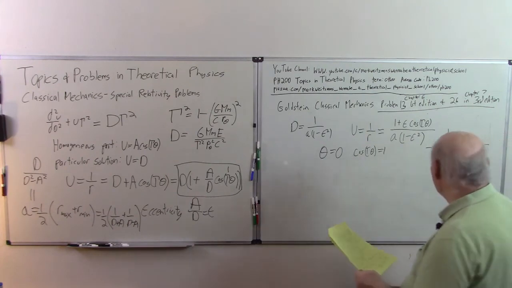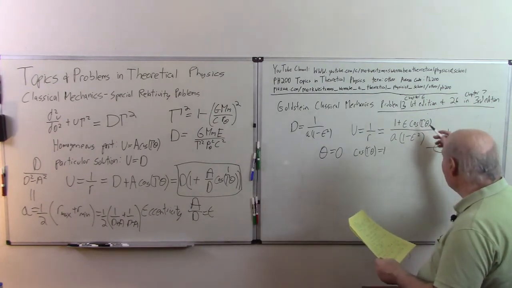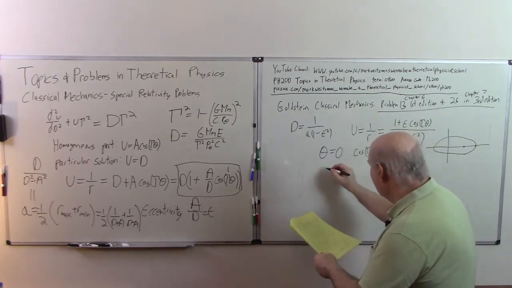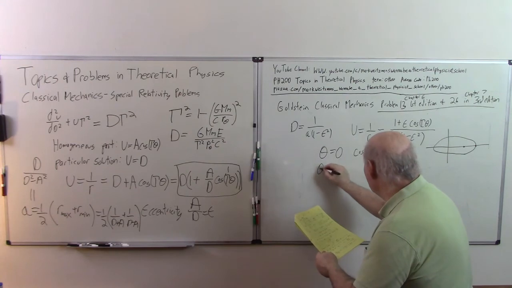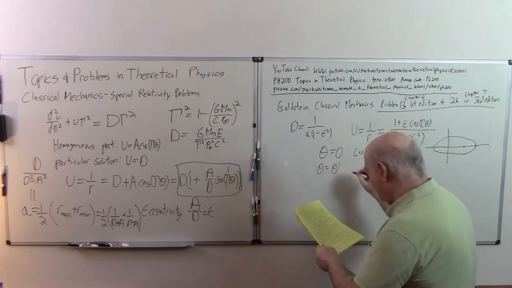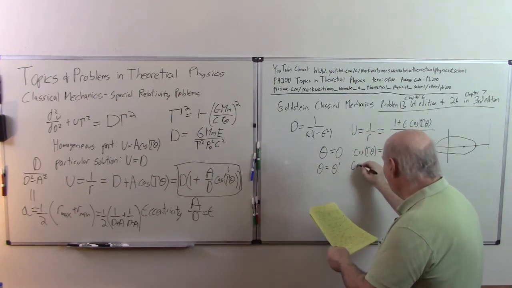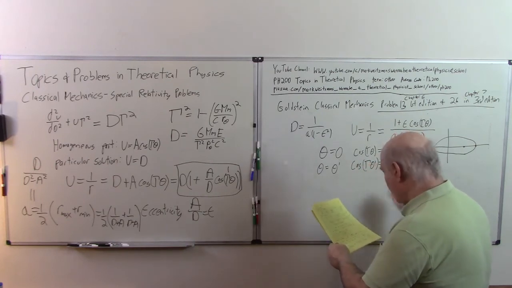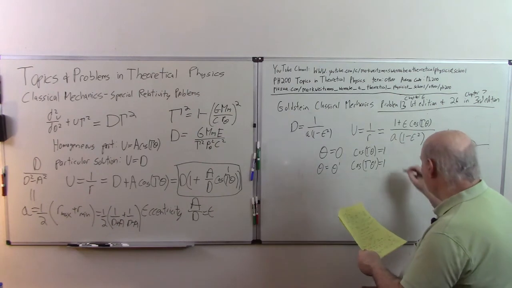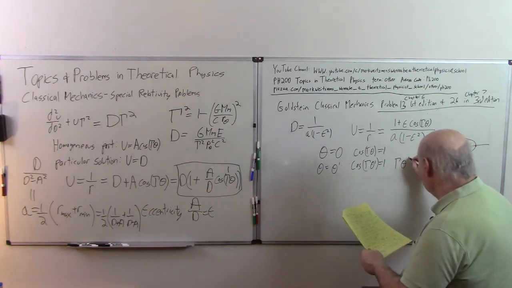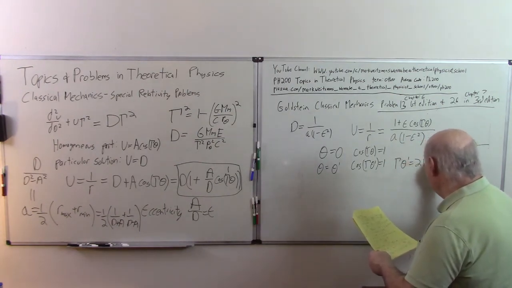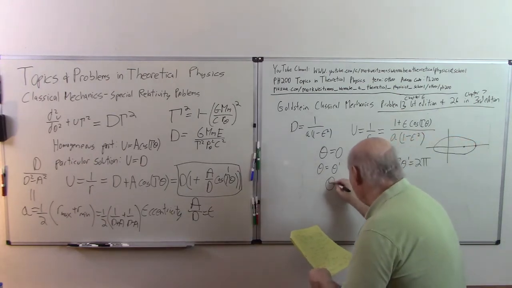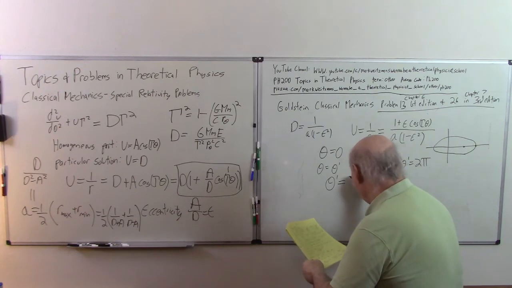And then we want to know when this is again at maximum. So at theta equals theta prime, we want cosine gamma theta prime to be equal to 1. That will happen when gamma theta prime is equal to 2 pi. So theta prime, the next angle, is equal to 2 pi over gamma.